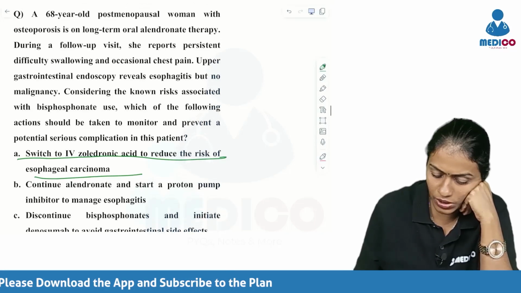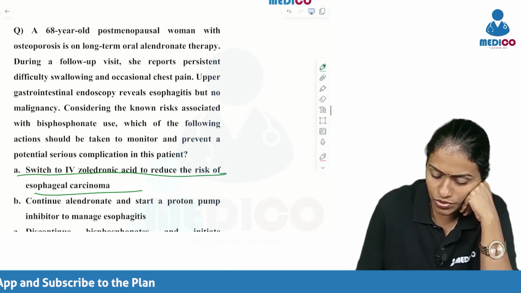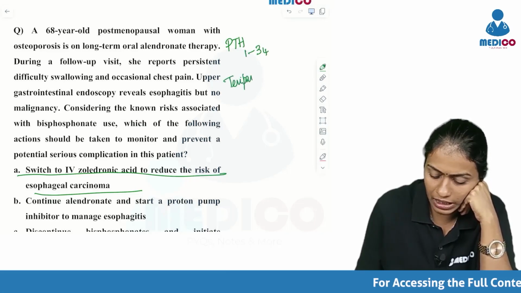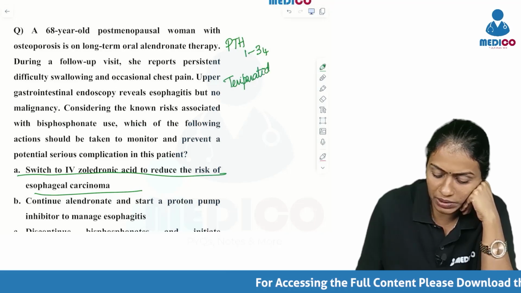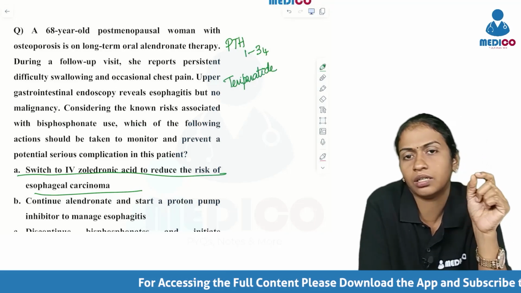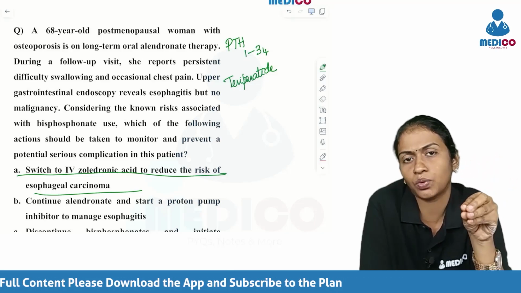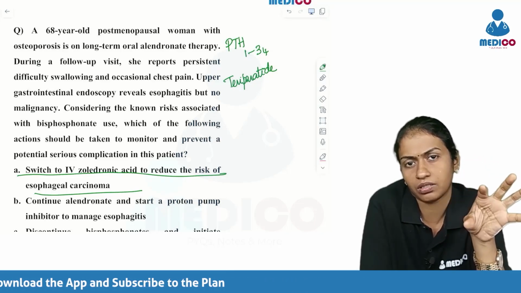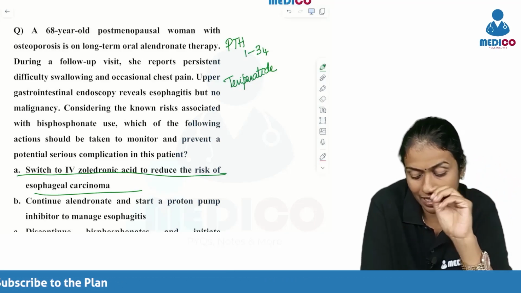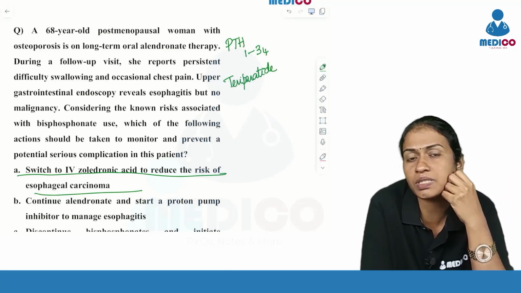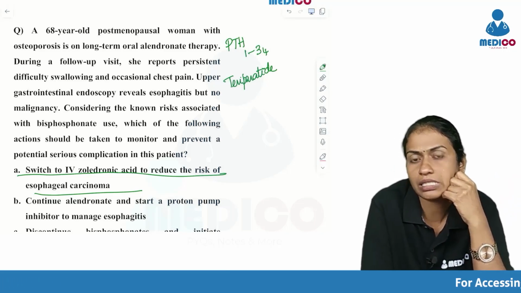Another agent that we give for osteoporosis is the recombinant parathormone 1 to 34. What is that drug known as? Teriparatide. We give teriparatide in an intermittent pulsatile manner that will stimulate the bone formation, and we should not give it for more than 2 years because there is risk of osteosarcoma.